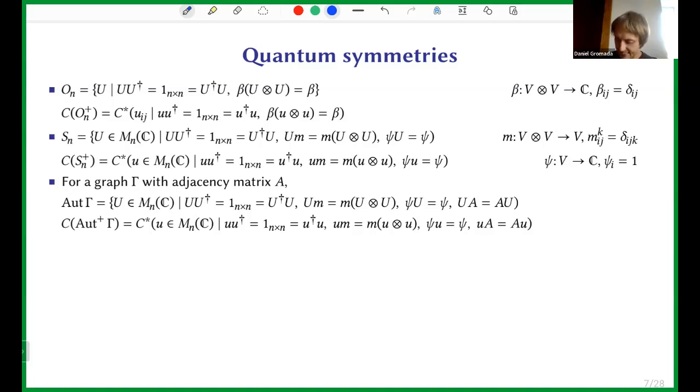And it actually turns out that for groups and also for quantum groups, not only those defining relations, but all relations are of this kind.